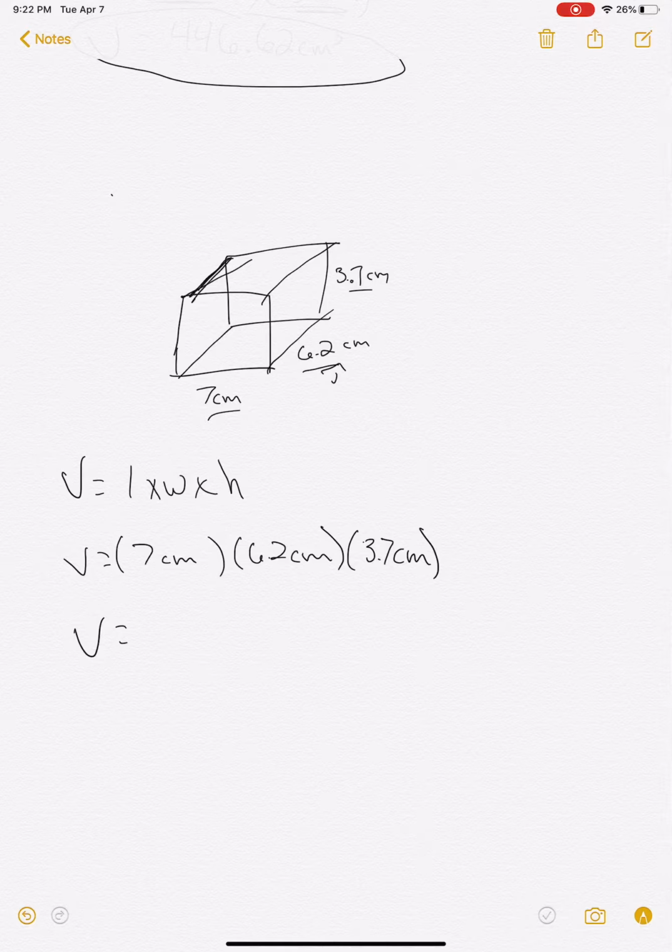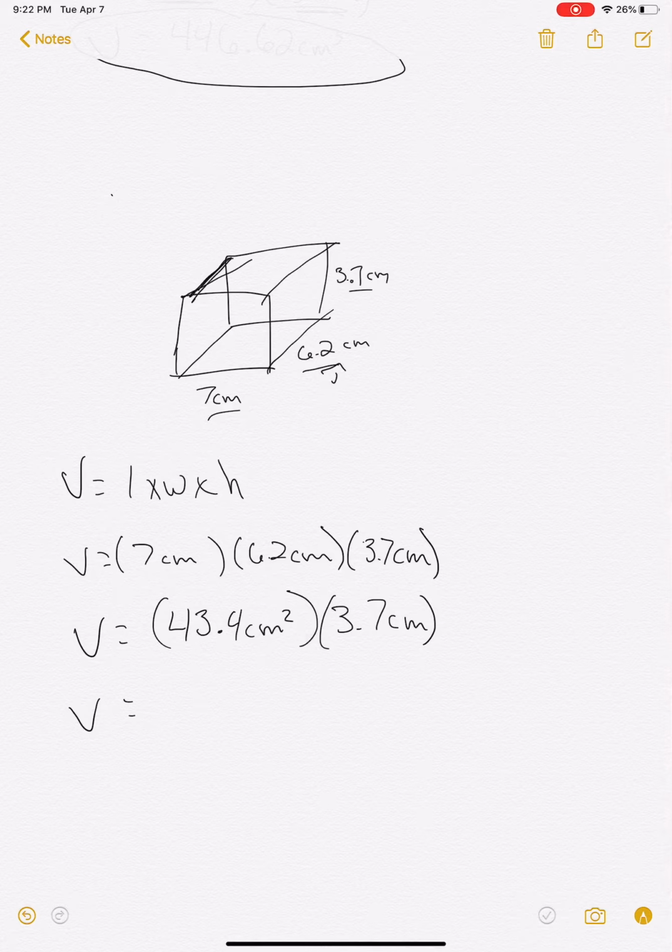I always like doing it in progression, so I know if I make a mistake. I'm going to go 7 times 6.2, and that will give me 43.4 centimeters squared. I'm going to put those in brackets, and then multiply that by my 3.7 centimeters.